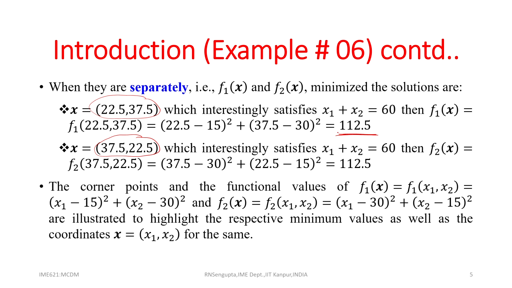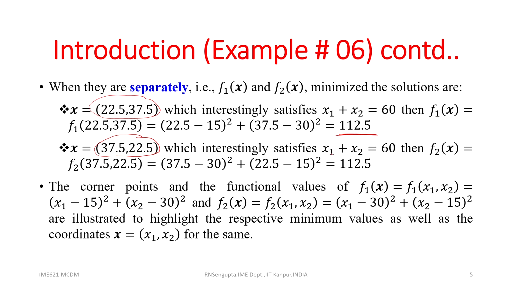Also, very interestingly, this is a point on the boundary of the feasible region, on the line x1 plus x2 equal to 60, since the boundary condition set was greater than or equal to 60. Based on that, when we find the objective function f2, the value also comes out, very interestingly, as 112.5.